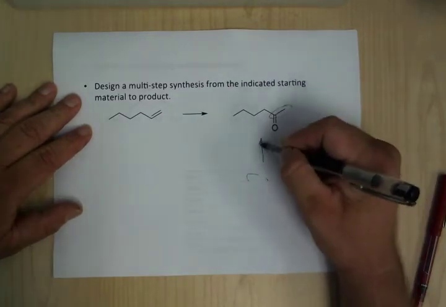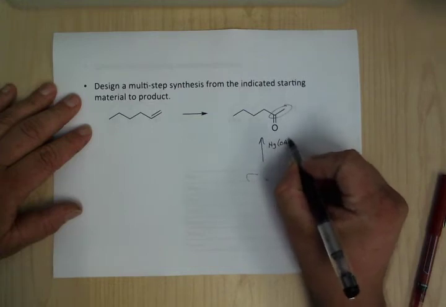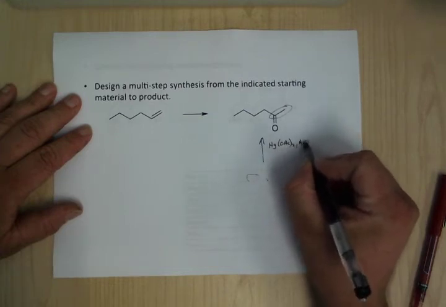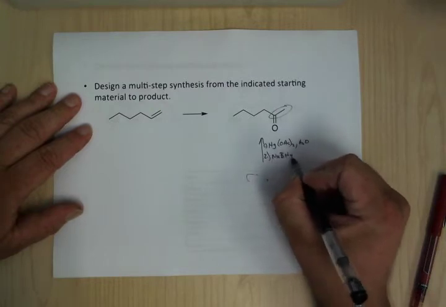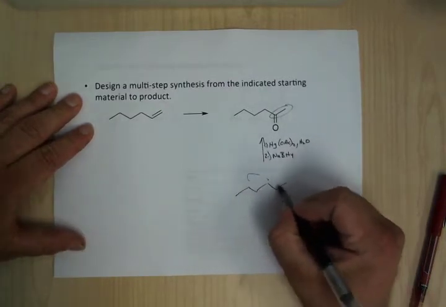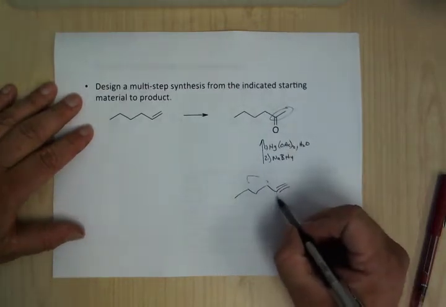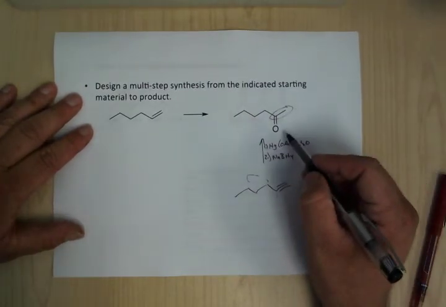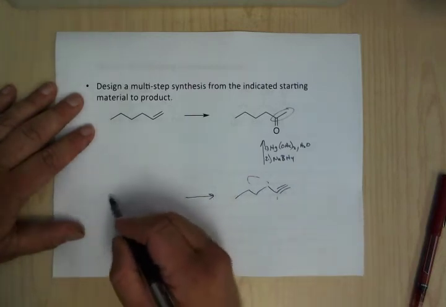Okay. The other way that we could do it is to do the mercury acetate, and use a triple bond. So it's going to put the OH here initially, and then that tautomerizes to the methyl ketone. So how do we make an alkyne here? Well, you think back to the list.